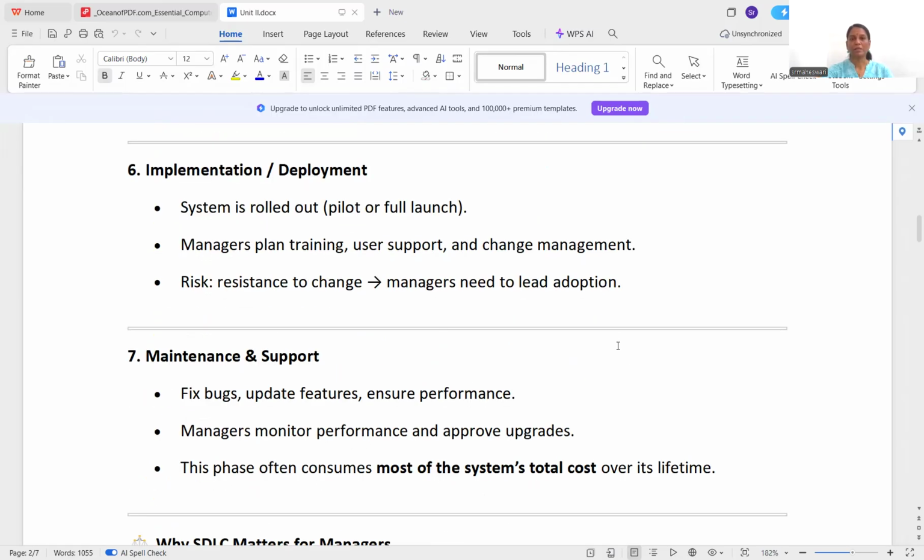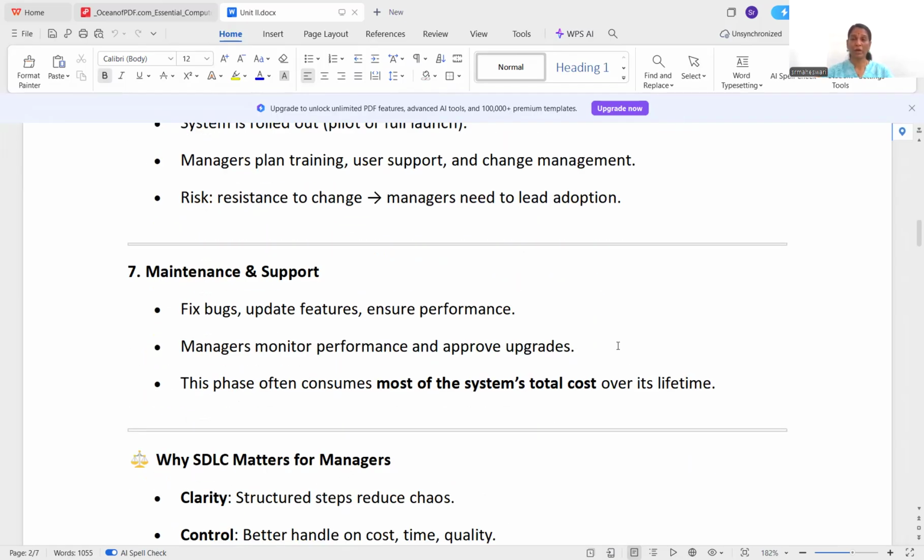Then maintenance and support. Before, if a project was completed, they would maintain it for 3 months or 6 months, then leave the project. Nowadays it is not like that, because they are renting the projects. They are not completely buying software, they are renting software.